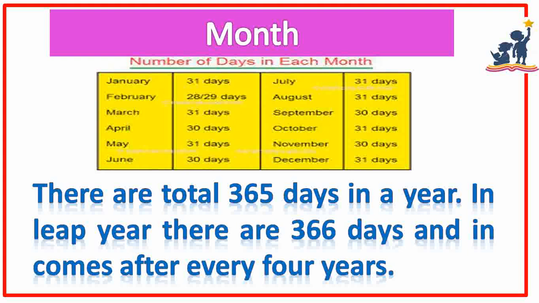So, there are a total of 365 days in a year. In a leap year, there are 366 days and it comes after every 4 years.